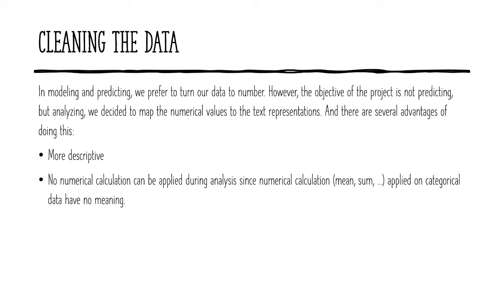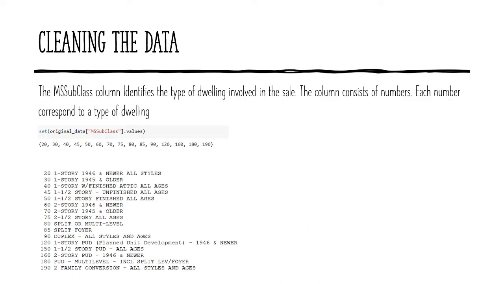And the second thing is that we will not misuse the data; I mean, we will not perform numerical calculations during analysis, since numerical calculations such as mean, median, sum, mode applied on categorical data have no meaning. If we apply mean on those values, the result has no meaning.